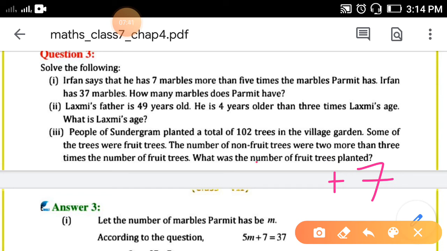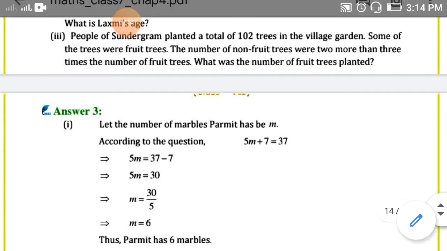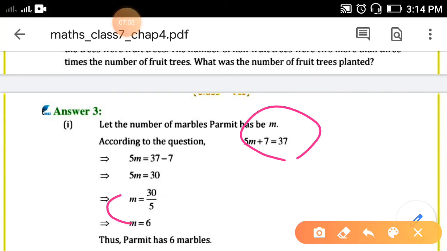Five times m, so it is 5m plus 7. And this is the marble of Irfan. And next, Irfan has 37, so it is equal to 37. Okay, so you got the equation, solve it. You will get m is equal to 6. So that is Parmit's marbles.